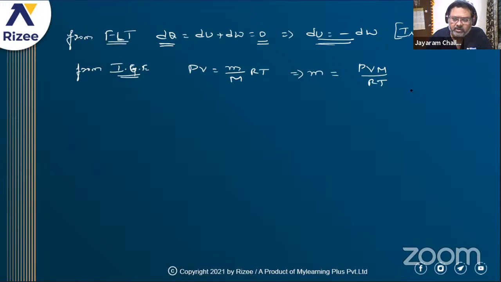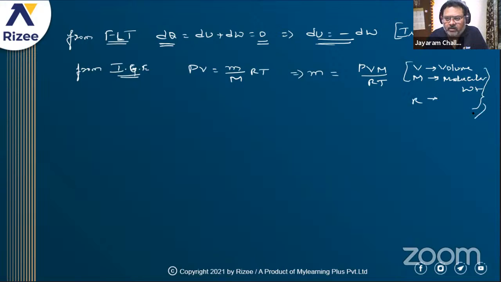In this relationship, V, the volume, the molecular weight and R are all nothing but constants. So mass is going to depend upon only two factors. So m is proportional to P by T. From this relationship, since the mass is becoming half, I'll go like this.